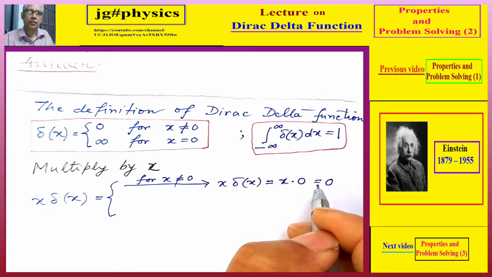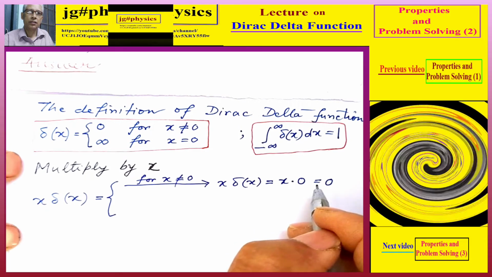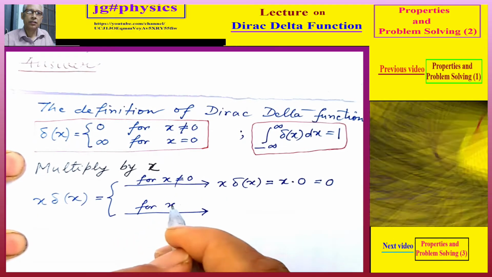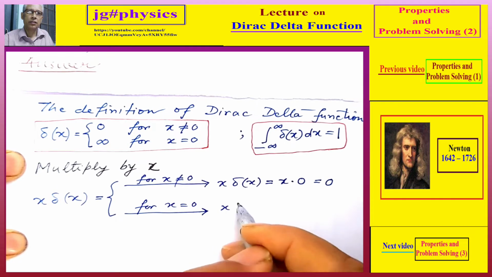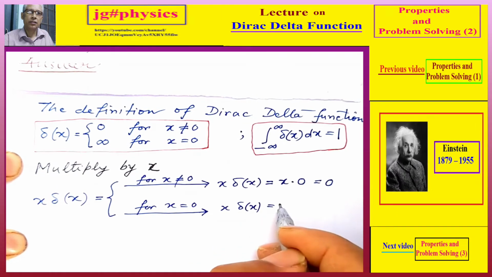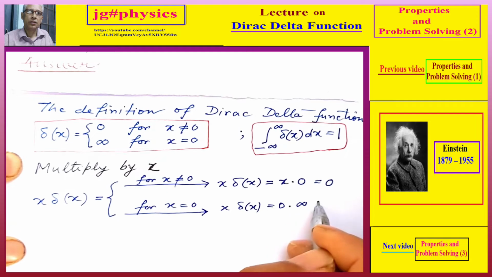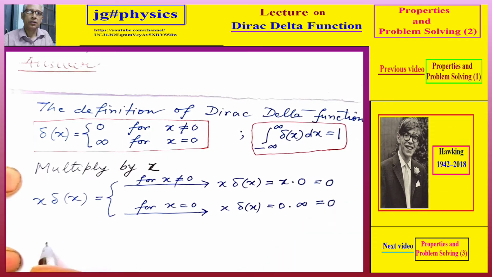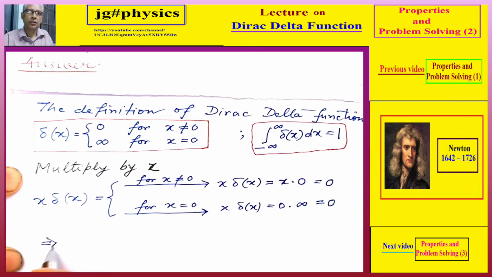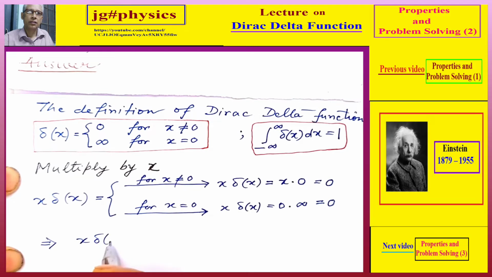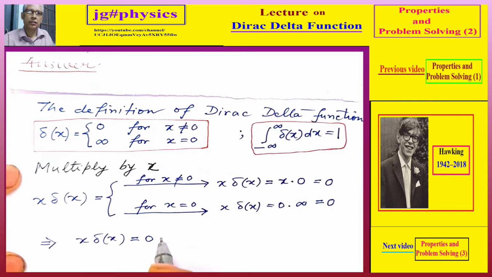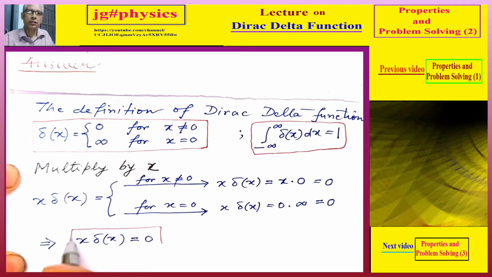So the product is 0. And for x equal to 0, we have x Dirac delta of x equal to x is 0 multiplied by infinity, which is the value of Dirac delta at x equal to 0. So the product is 0 again. This means x into Dirac delta of x is 0 both for x equal to 0 as well as for x not equal to 0. That is, it is 0 always.